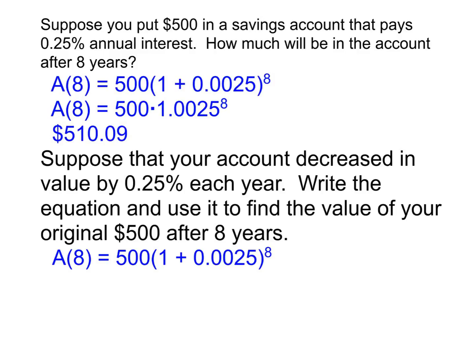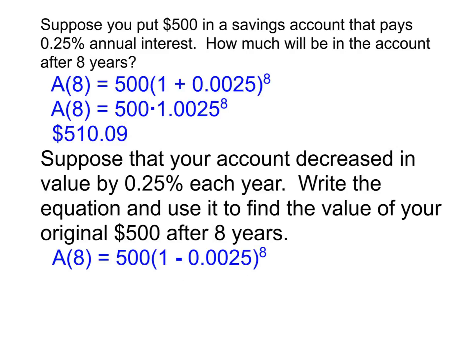Well, if we start by taking a look at what the original one was, we can actually make one small little tweak to show that we're decreasing by 0.0025 instead of increasing by it. And that is, you do 1 minus 0.0025 instead of 1 plus. Basically, it's like the rate is negative because it's decreasing. That's why we subtract it.